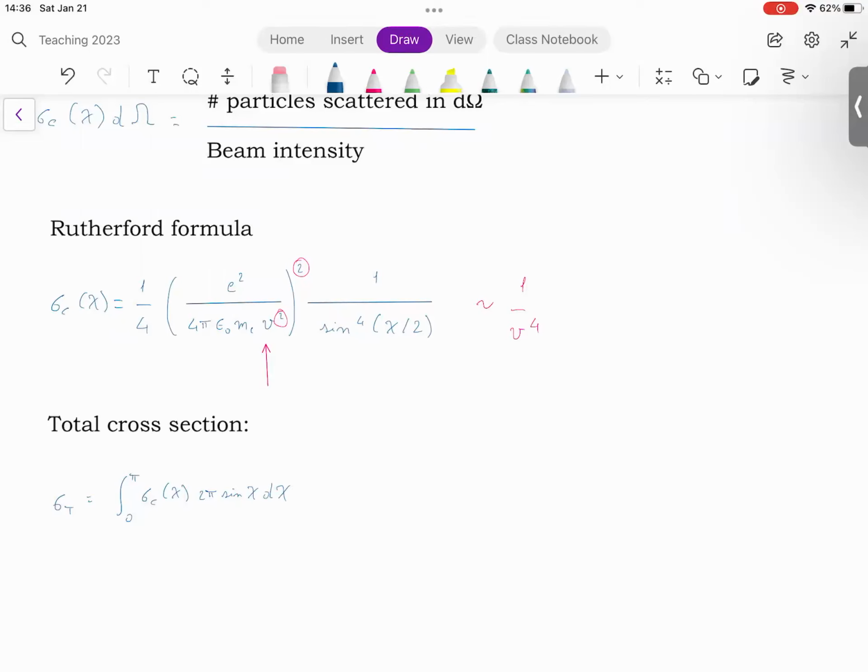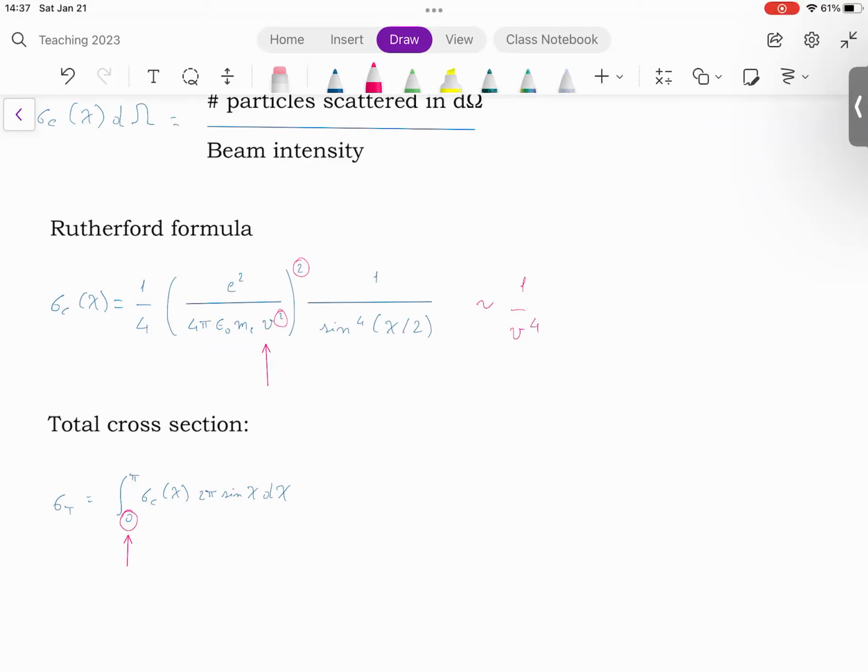where, since my sigma sub c only depends on the angle chi, I only need to integrate over chi. And of course, you immediately notice that there is something scary or bothersome about this integral.